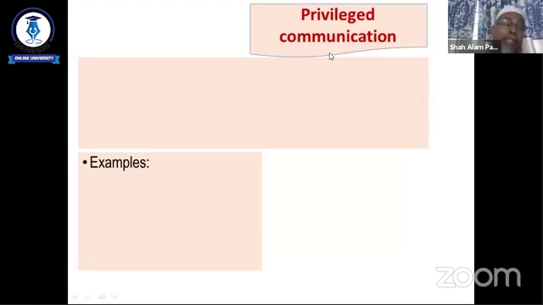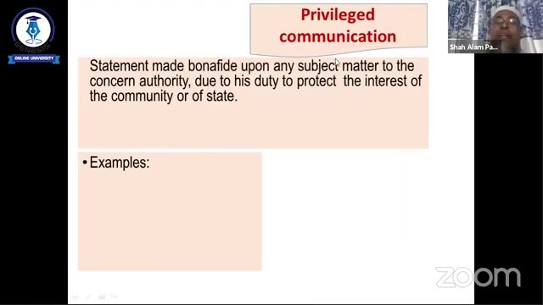Now, there are some conditions where you can disclose the secrecy of the patient. That is privileged. You are privileged to communicate. Definition of privileged communication: privileged communications are statements made bona fide upon any subject matter to the concerned authority. Remember the term concerned authority.